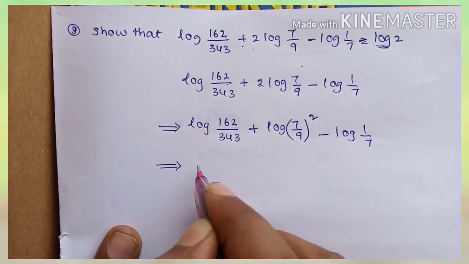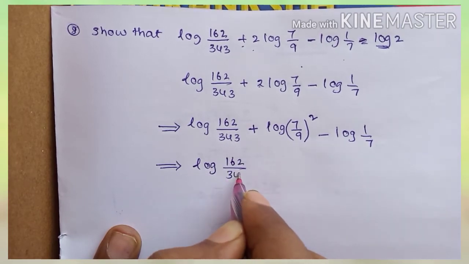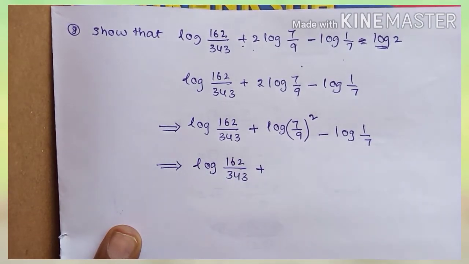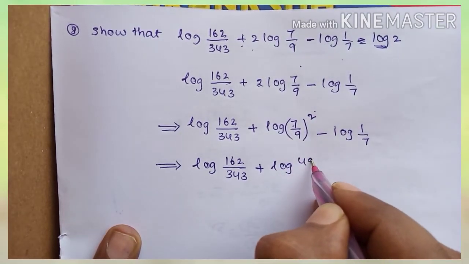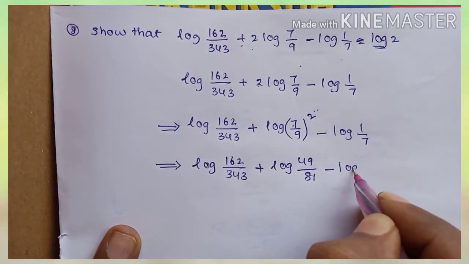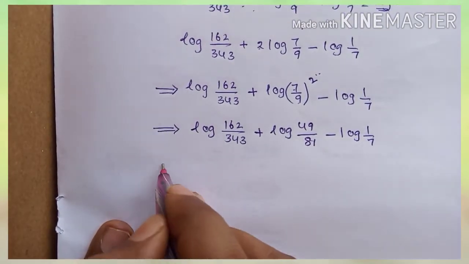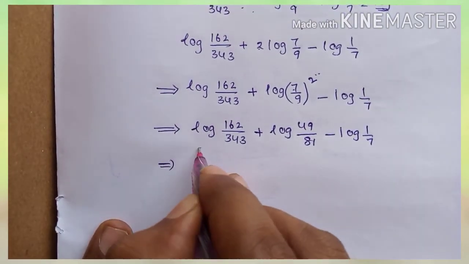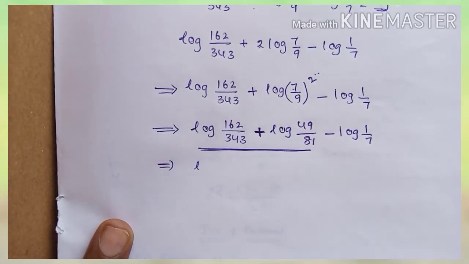Now the next one, simplify the power: log 162 by 343 plus log of 7 square, value 49, by 9 square, value 81, minus log 1 by 7. Now between the first term and second term we have the sign plus. So we can write log A plus log B is equal to log AB.